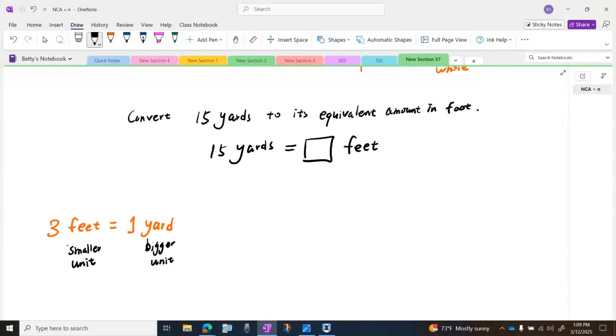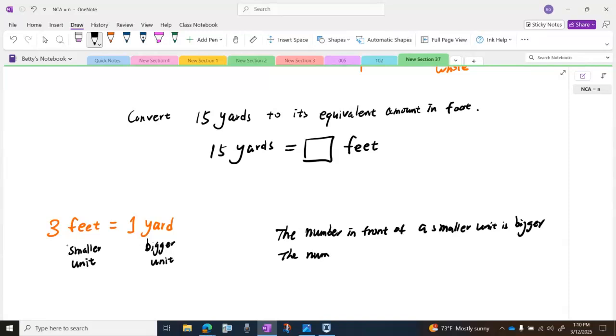A very, very important rule we're going to learn today is this. The number in front of a smaller unit is bigger.